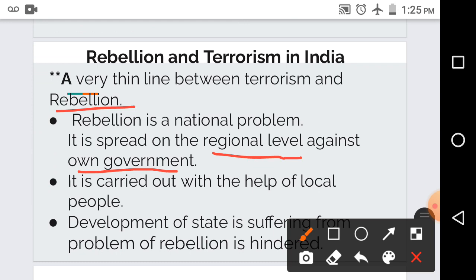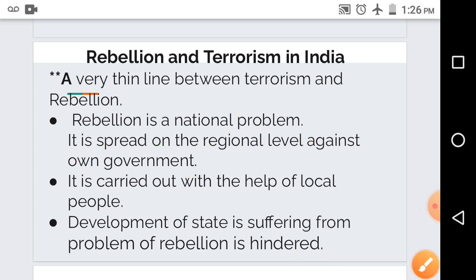At the regional level, they spread the rebellion against the government. It is carried out with the help of local people. The development of the state is hindered due to rebellion activities.